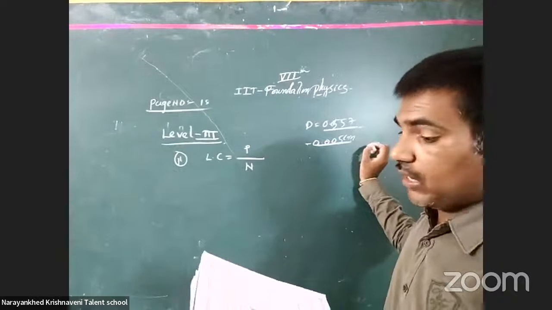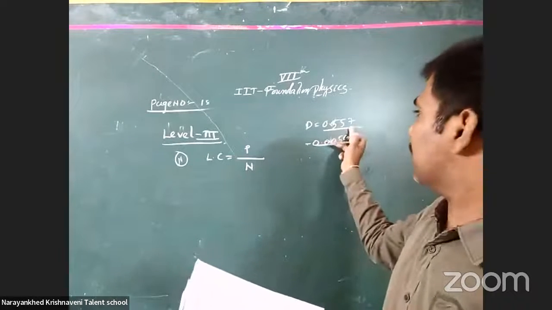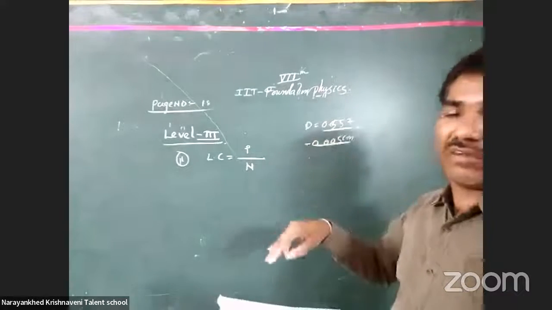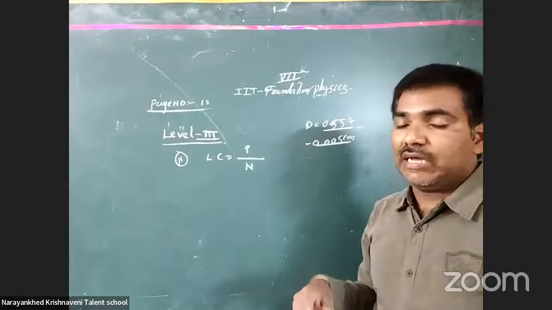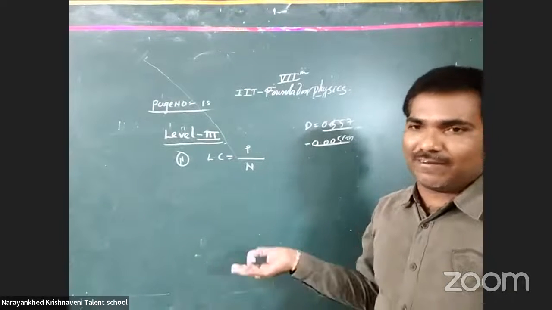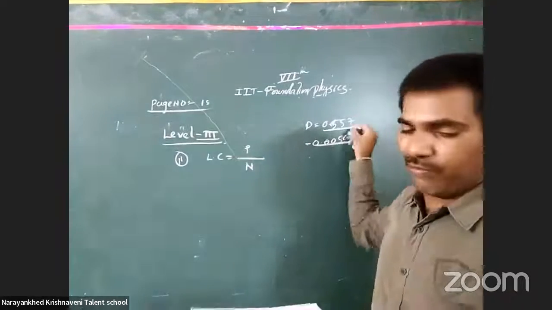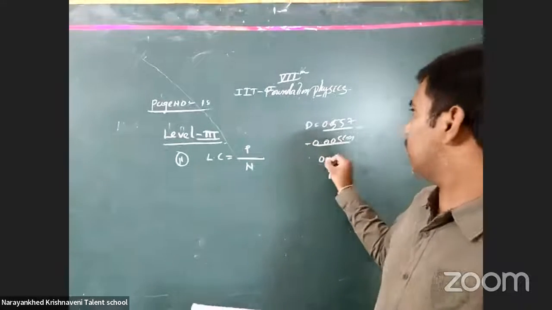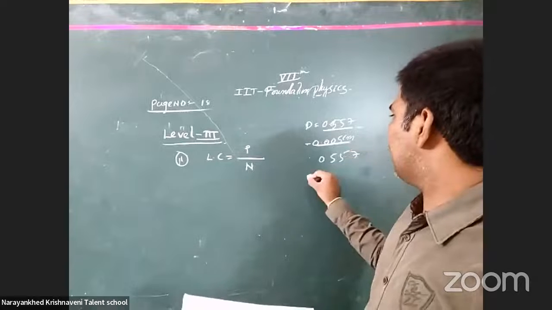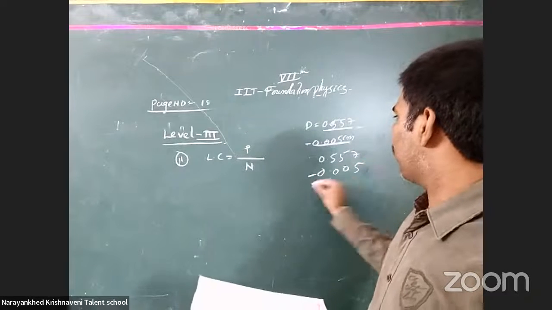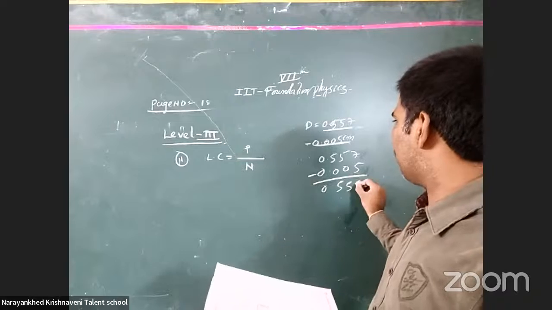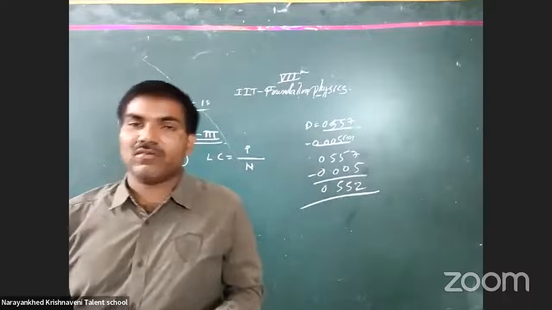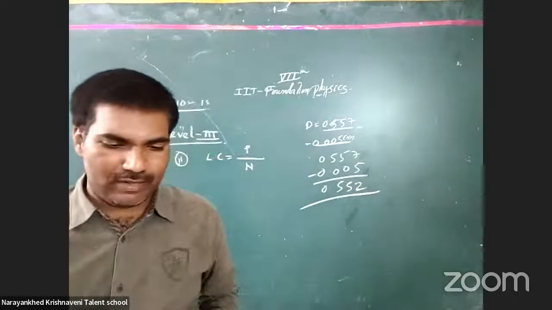Actually, you simply subtract it from this one. They have not given an error actually. In case an error is given, you have to act depending on that. Here, just simply subtract it and you'll get it. I hope you understood. 0.557 minus 0.005, it simply becomes 0.52. Now the answer is option B. Simple things only are given in level 3 also.